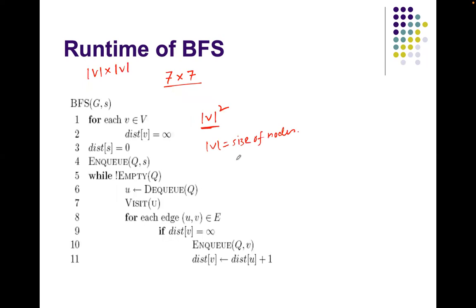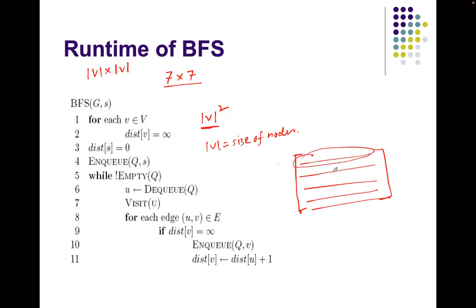Because if we have an adjacency matrix, we have to traverse the whole row for each node to see whether there exists an edge or not.